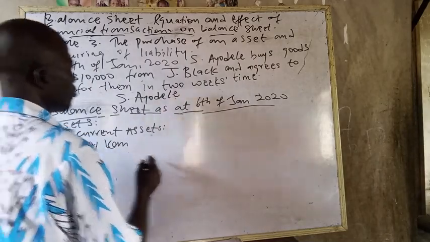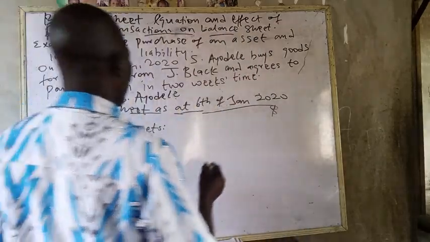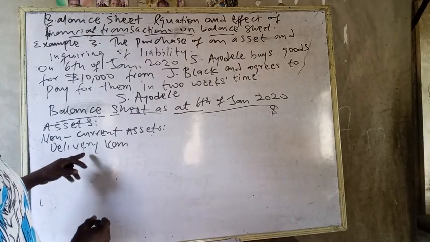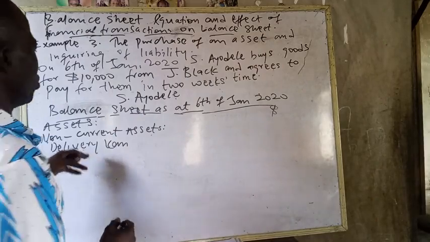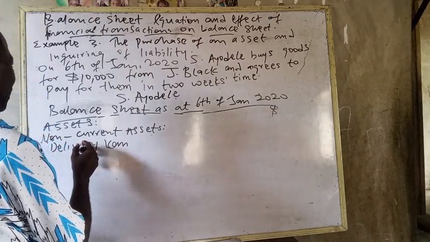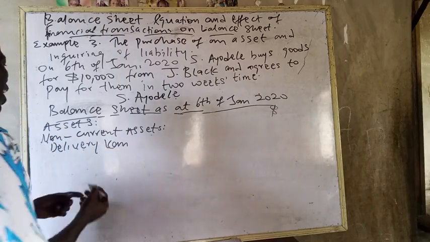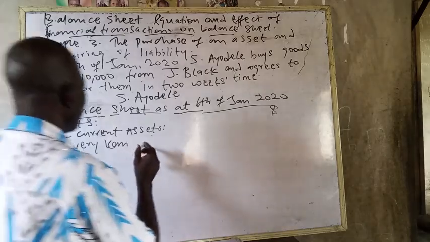I'm not sure of the spelling of delivery van yet, but because of the video, I only have time now to go and start checking the spelling. So if I'm correct or I'm wrong, just bear with me.